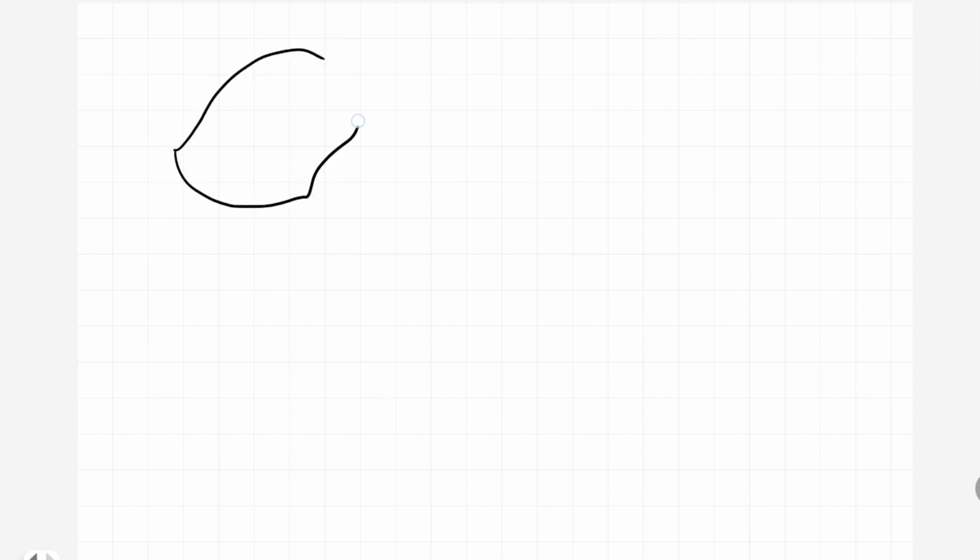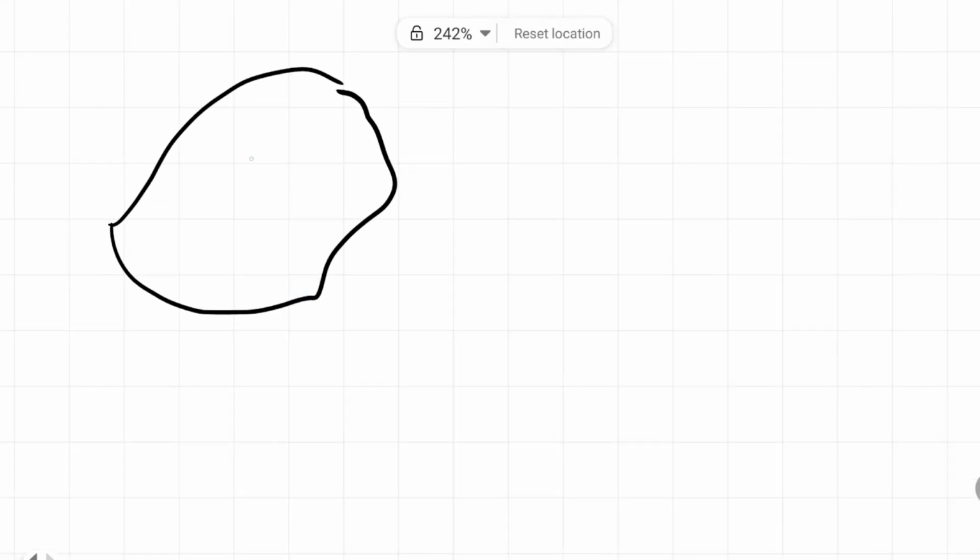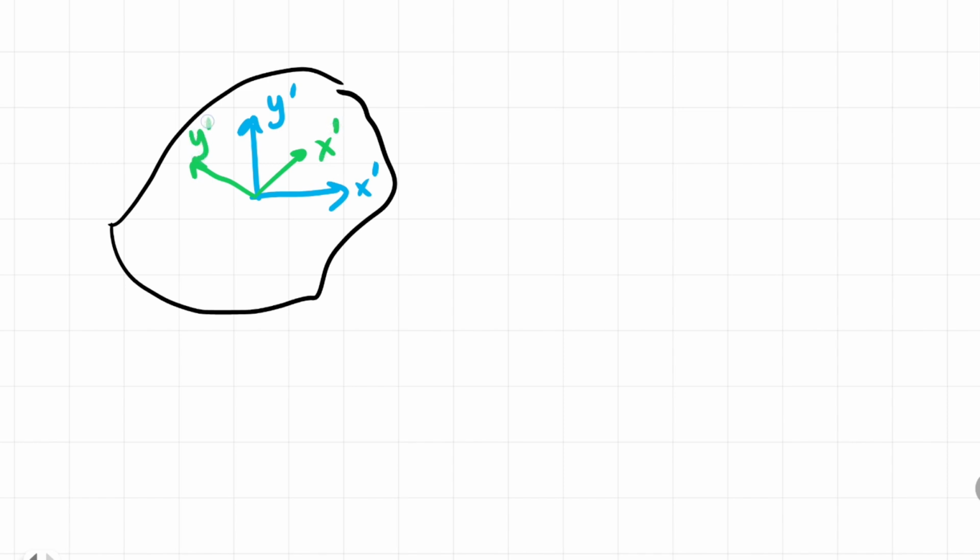Remember that we have a rigid body, and we said that we can fix a coordinate system that we established, a primed coordinate system like this, and let's say that we can maybe put a different coordinate system that is also fixed to the rigid body like this.